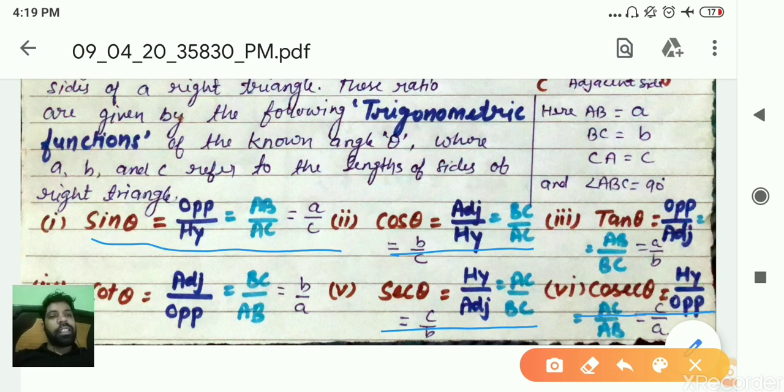That can be written as c by b, and cos theta can be written as b by c. So we can say cos theta and sec theta are reciprocal to each other, and in the same way we can say tan theta and cot theta are also reciprocal to each other. This is called the reciprocal relation between trigonometry ratios. I hope you got it.